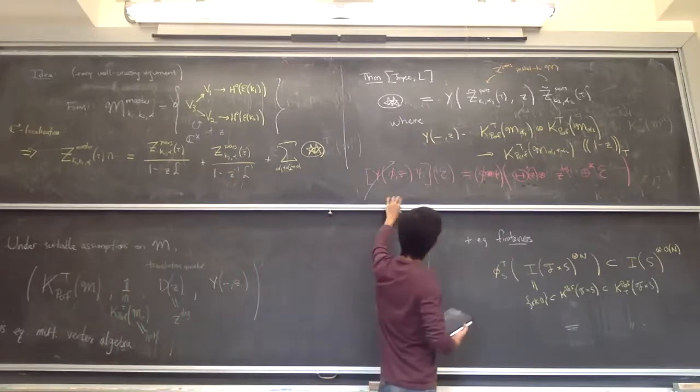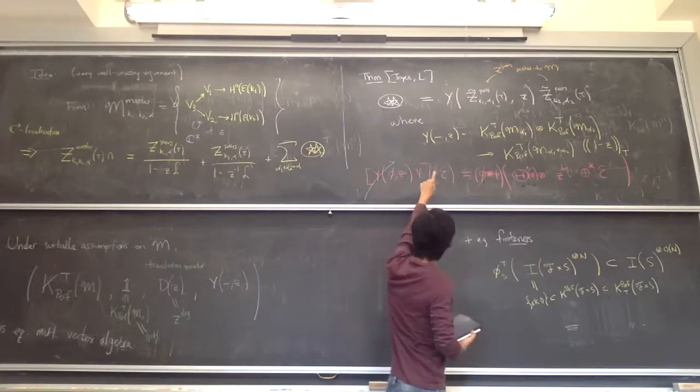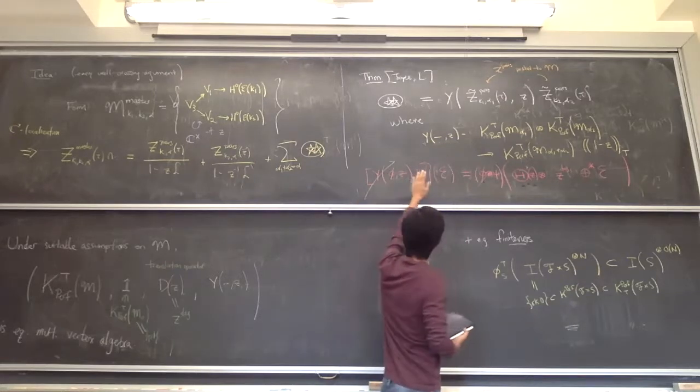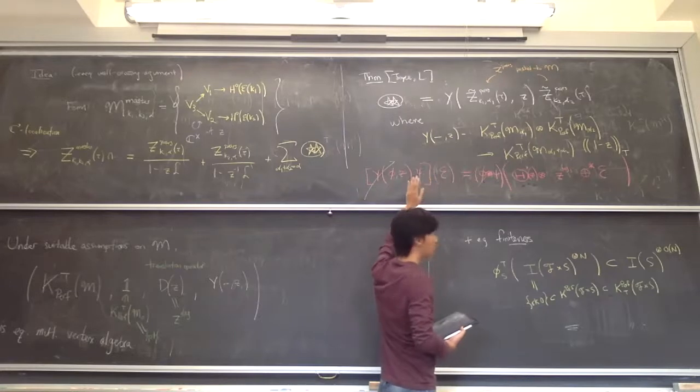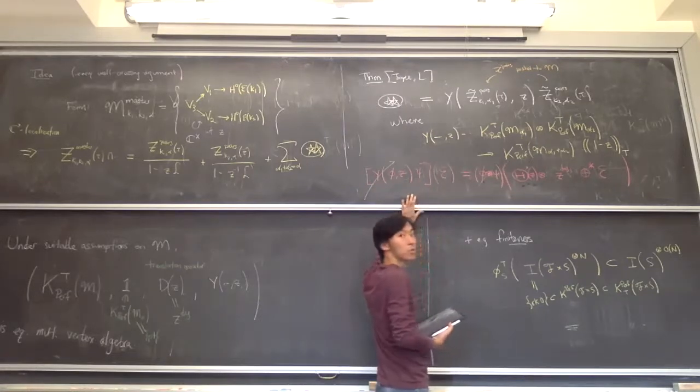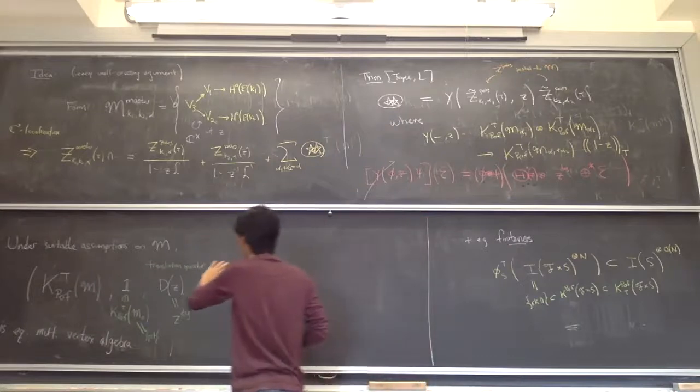And so this vertex operation Y, after you take appropriate residues in Z, is going to become some Lie bracket. And that really follows from some general theory of vertex algebras, which I want to explain now.